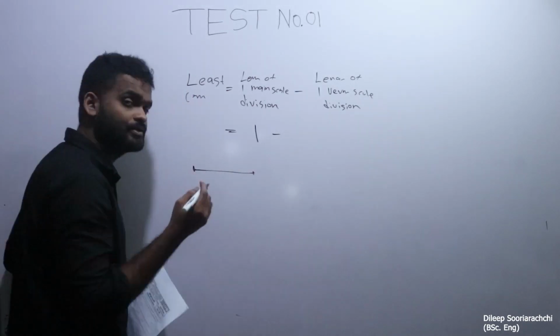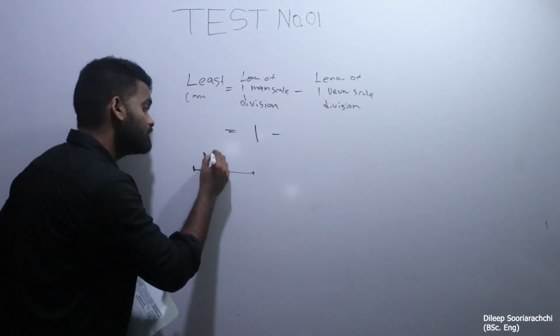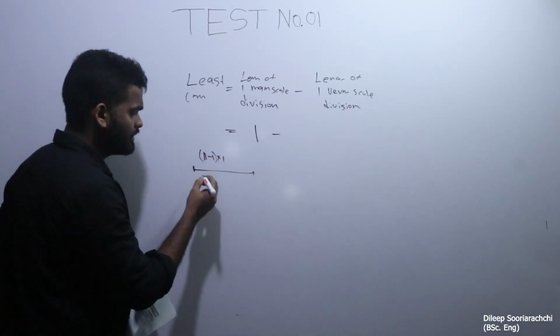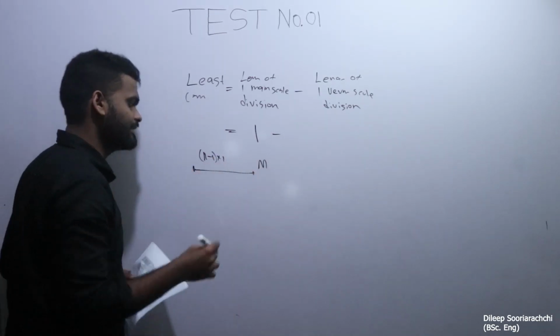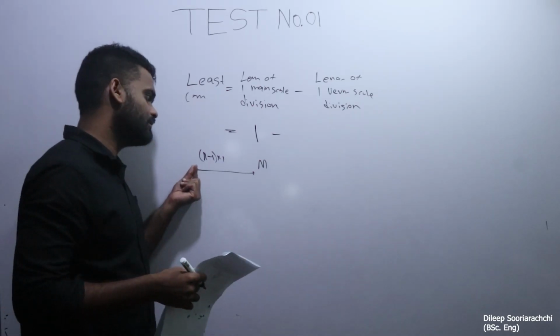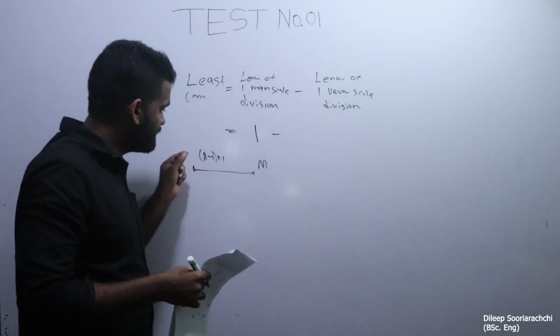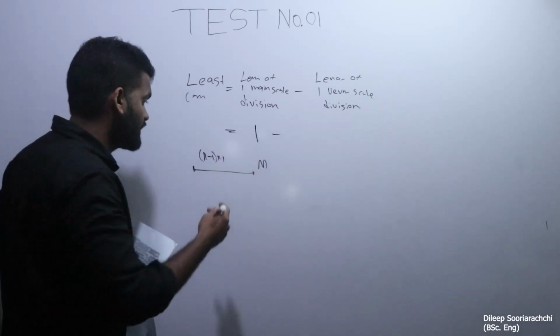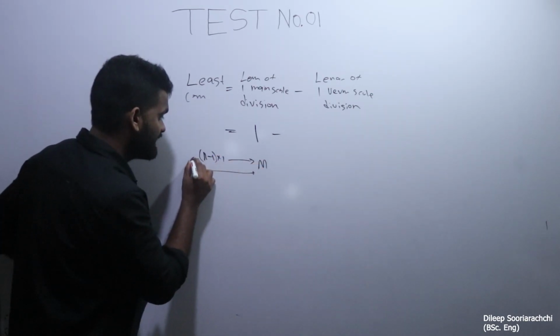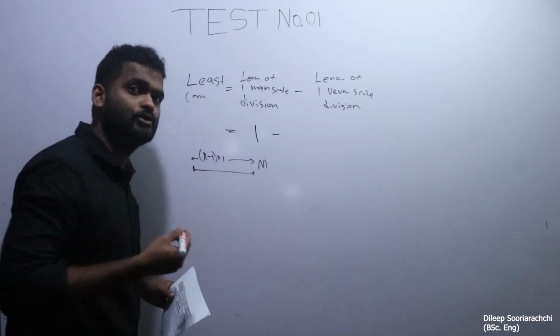So here we are using n minus 1 number of divisions in the main scale. So the length we are using here of the main scale should be n minus 1 times 1. That is the total length of main scale that we are using here.